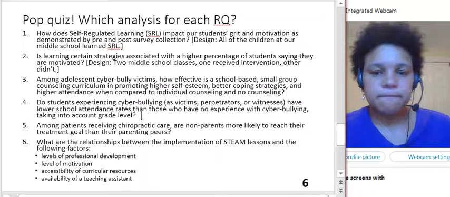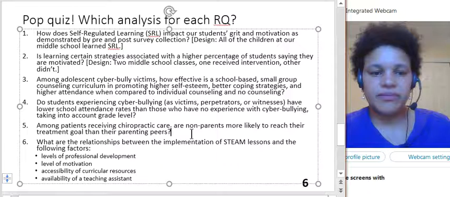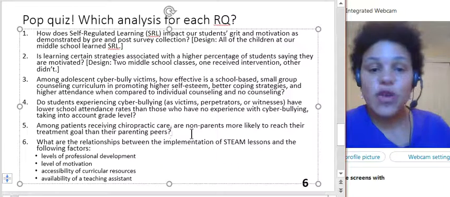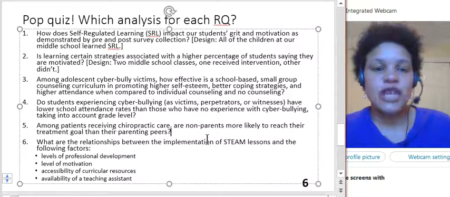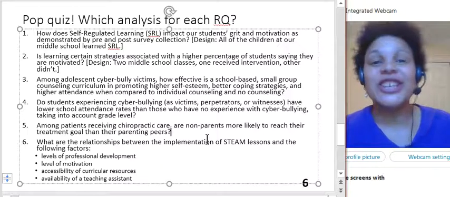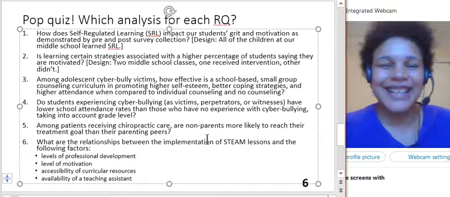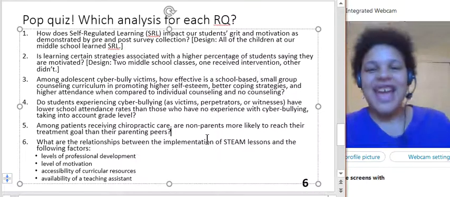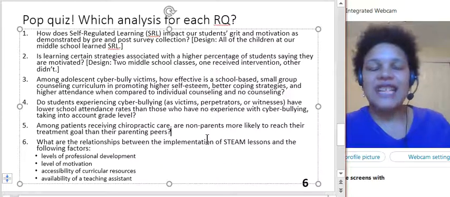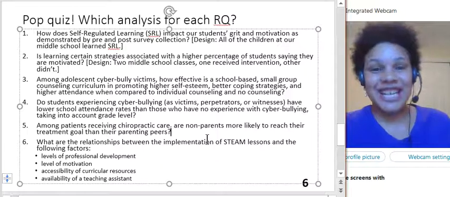Okay, so number 5. Among patients receiving chiropractic care, are non-parents more likely to reach their treatment goal than their parenting peers? So, yes, I threw my back out. And yes, I went to the chiropractor, and it turned out that there was a student working with my chiropractor who was majoring in kinesiology.